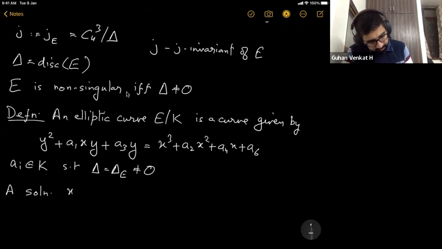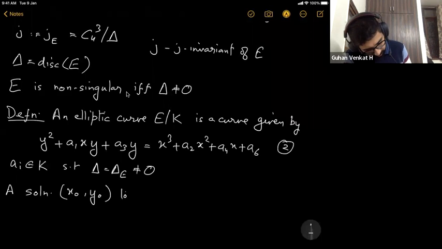And then a solution x naught comma y naught to, I'll still continue to call this equation 2, will be called a point on the curve.